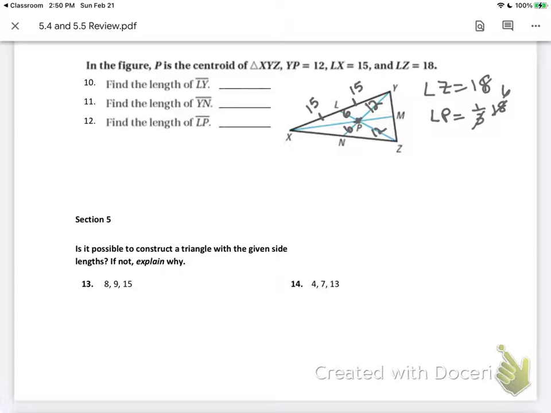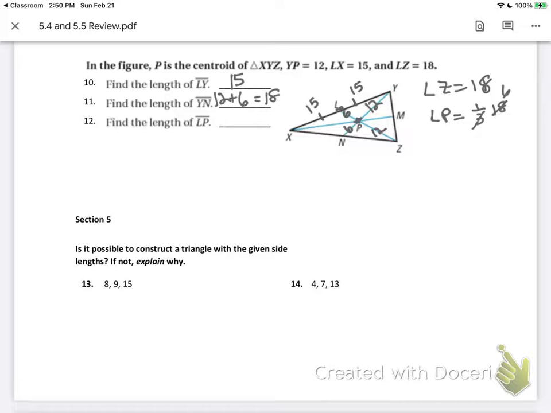Find the length of LY. So LY is the 15. That's on the outside of the triangle. I know it's 15 because L right here is a midpoint, so it divides that piece in half, 2 equal halves. Find the length of YN. Okay, YN is the entire median. So it's going to be 12 plus 6 or 18.